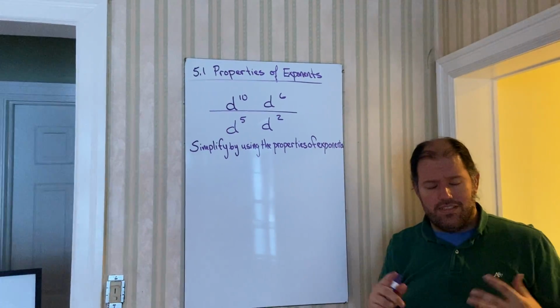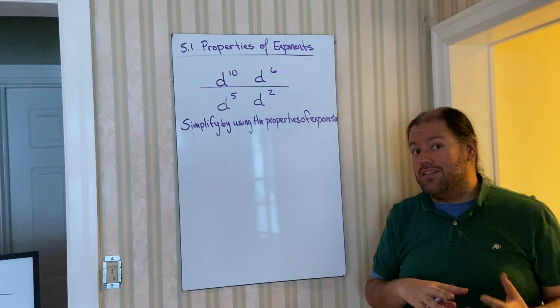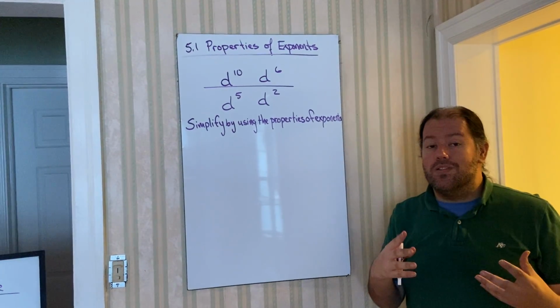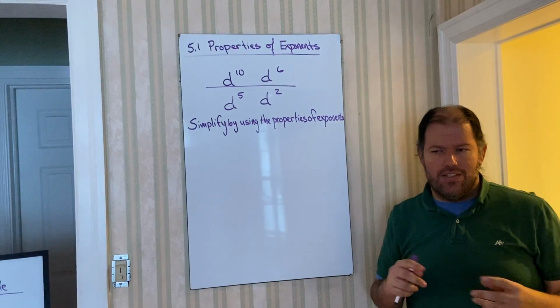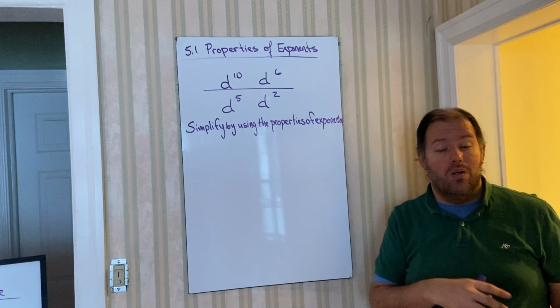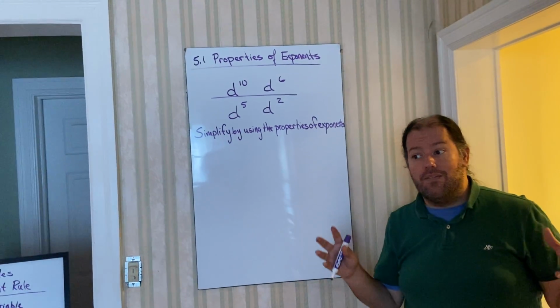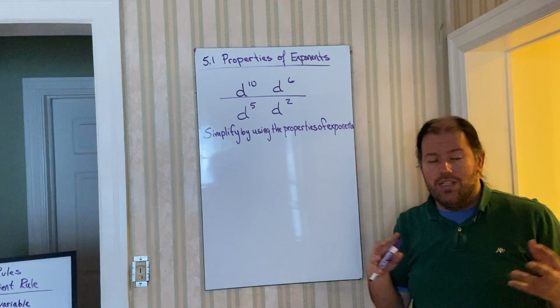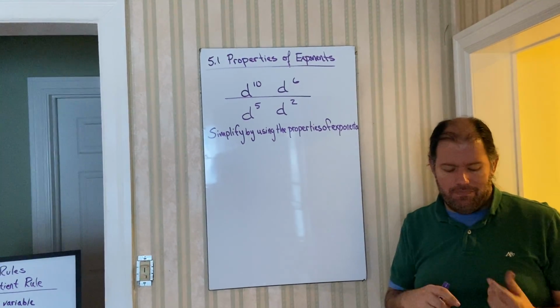Our last topic in section 5.1 has to deal with these complicated looking problems where we're doing more than just one type of property. The questions that we've been talking about were only just the product rule or just the quotient rule. This is the first question that we have a combination of the two rules, that we have product and quotient in the problem.